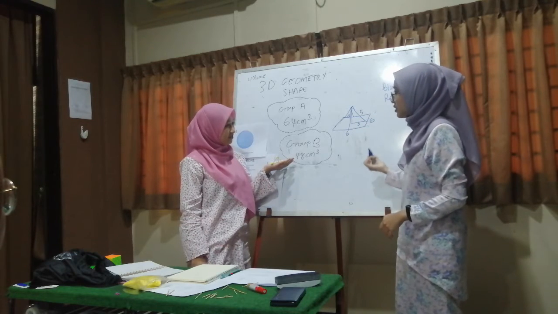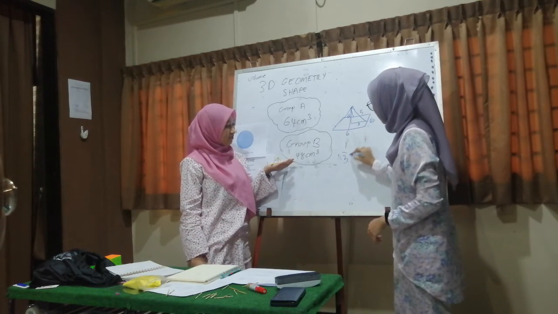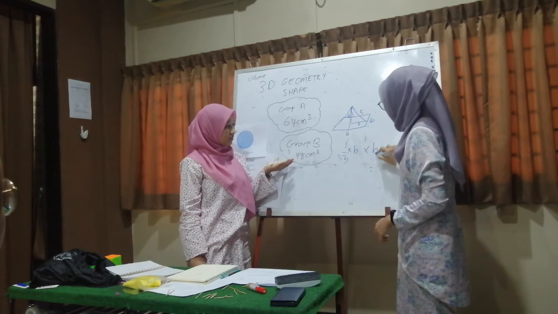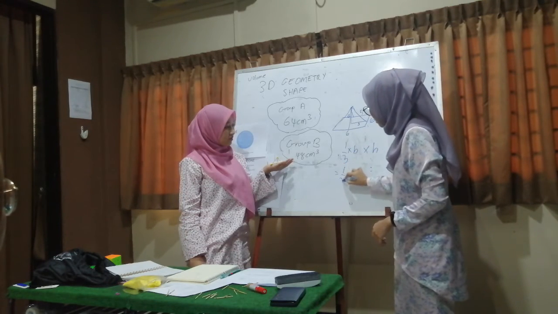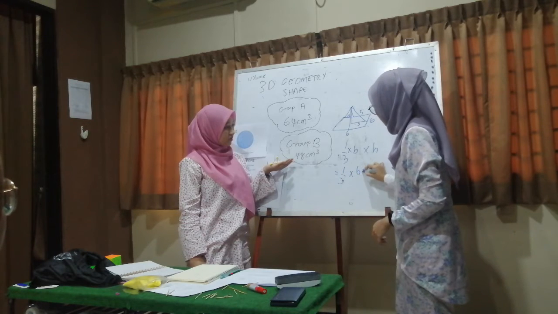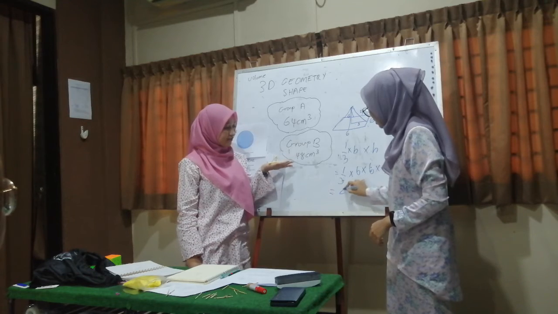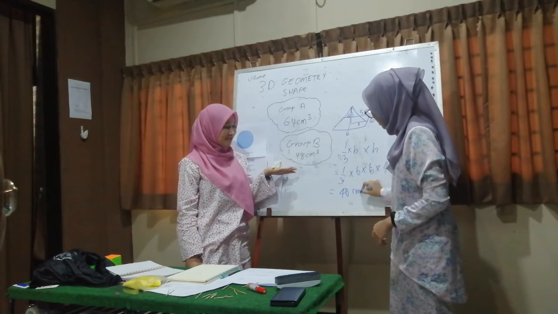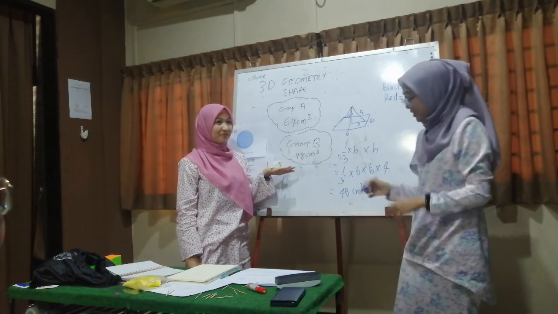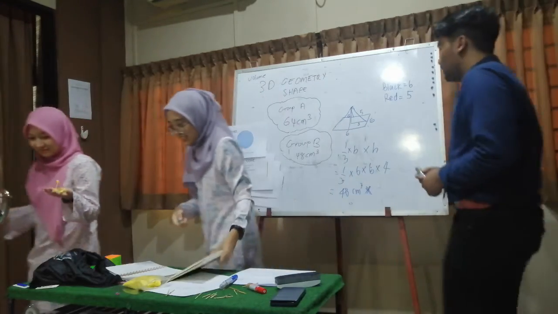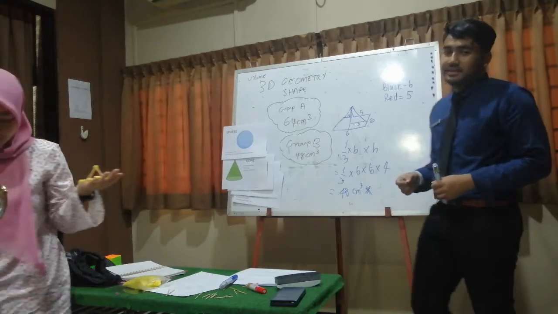Then our formula is 1/3 times 6 times 6 times 4. We get 48 centimeter cube. Okay, good. Both of your groups got the correct answer.